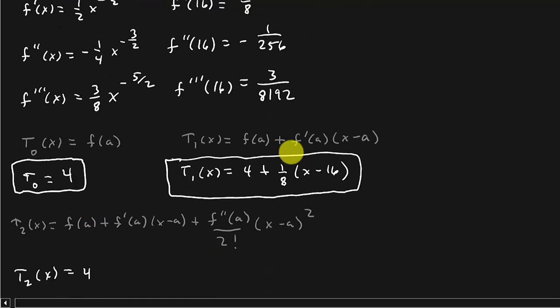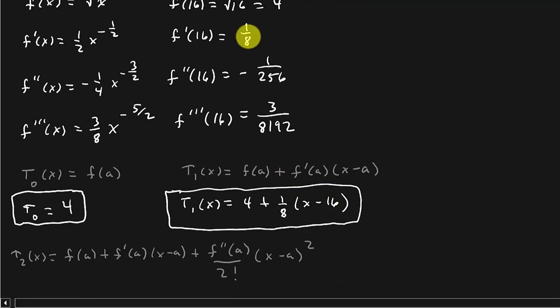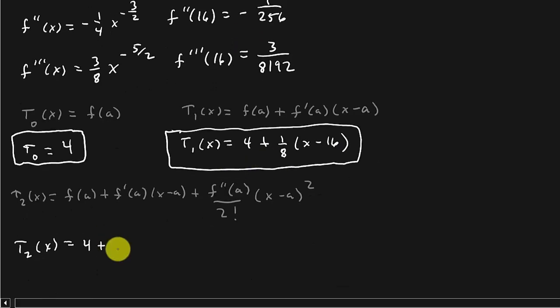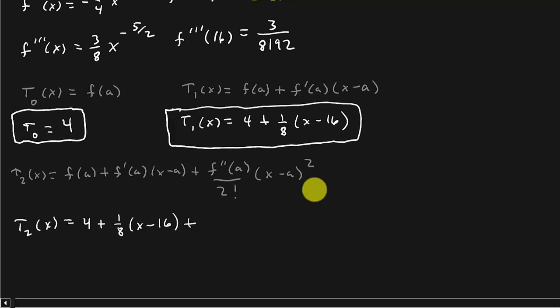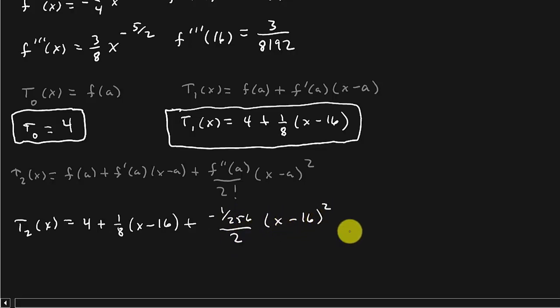And then plus f prime of a. Well, f prime of a, that's 1/8 times x minus 16 plus f double prime of a. Well, that's negative 1/256. So that's negative 1/256 over 2 factorial, which is 2, times x minus 16 squared.